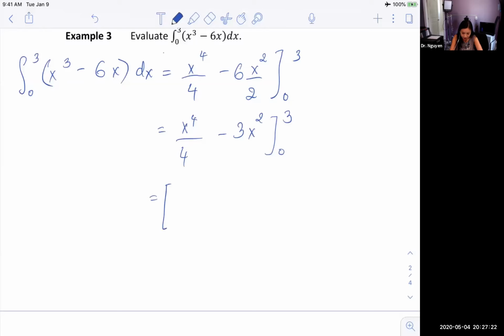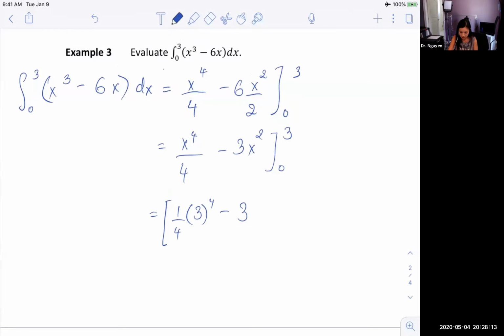All right, so we're going to evaluate. So what I have is 1/4, and we have 3 to the 4th power, minus 3 times 3 squared, minus, and then you have the 0.